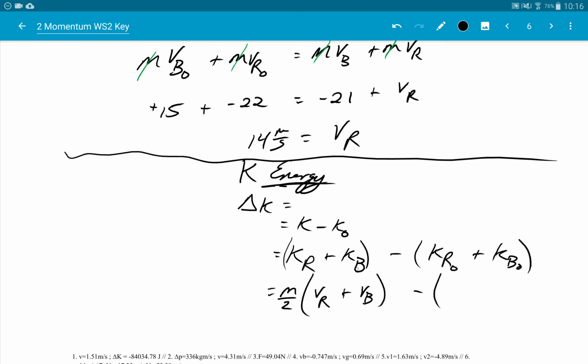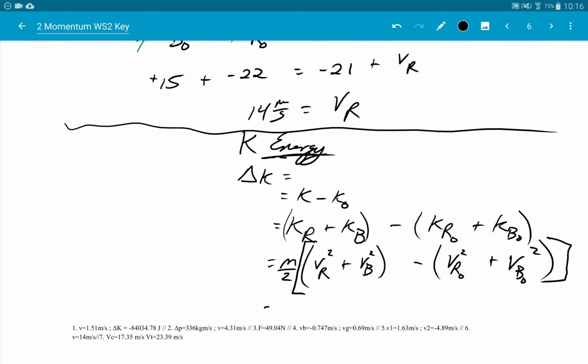I'll put that in parentheses so it'll be nice and consistent there. I'm going to distribute, since I know that that is going to be applied to all of it. So then this guy will just be the velocity of the red one at the beginning. Oh, don't forget the squares on that. Plus the velocity of the blue one at the beginning squared. Okay.